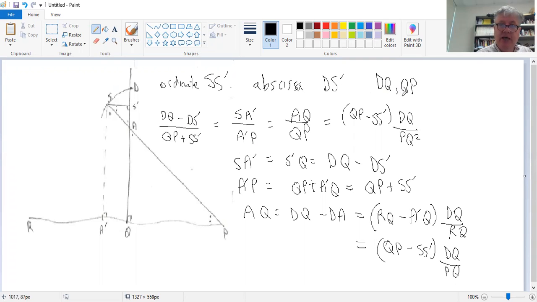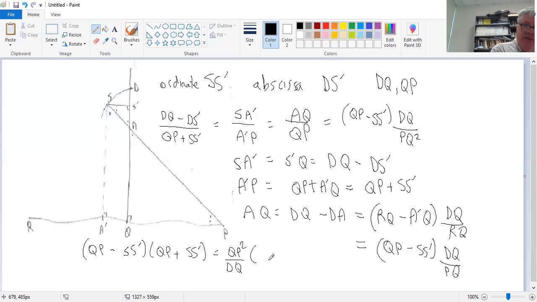And now we can just cross multiply. Let's do that down here. So we get QP minus SS prime times QP plus SS prime equals QP squared on DQ times DQ minus DS prime.